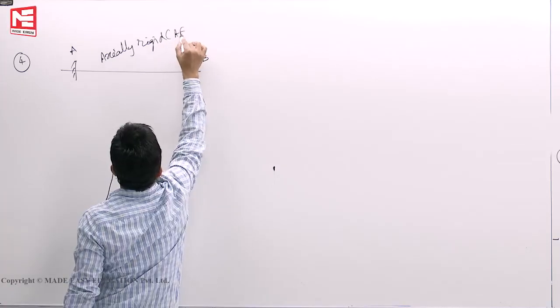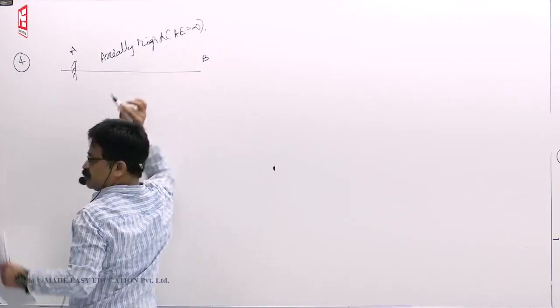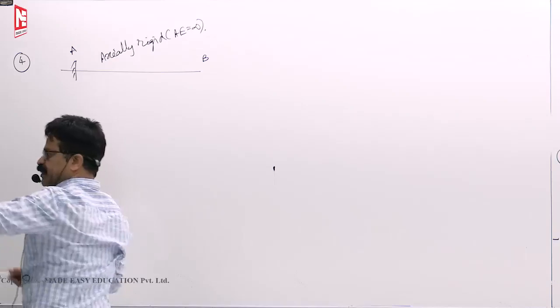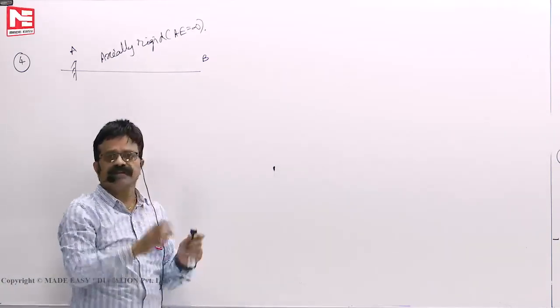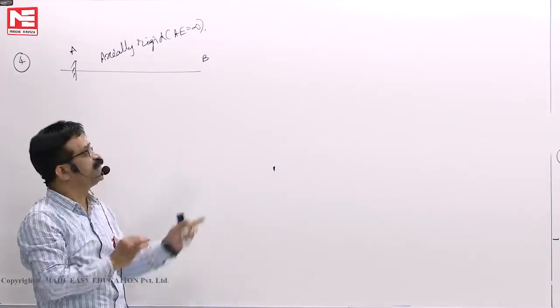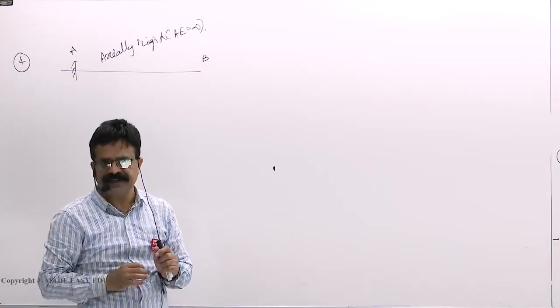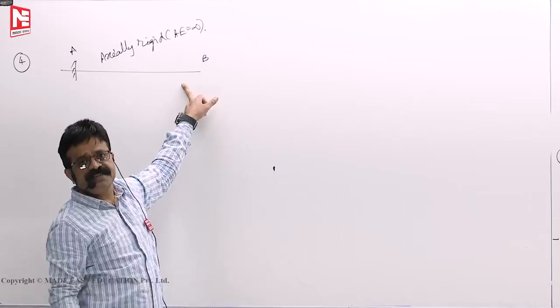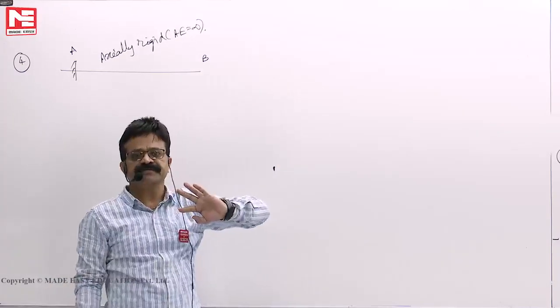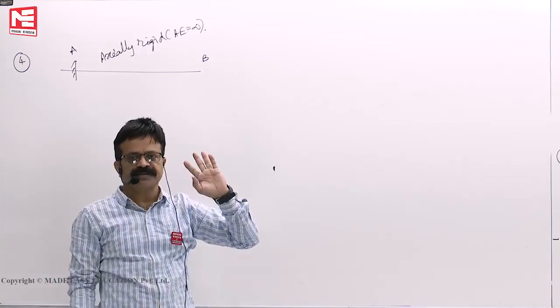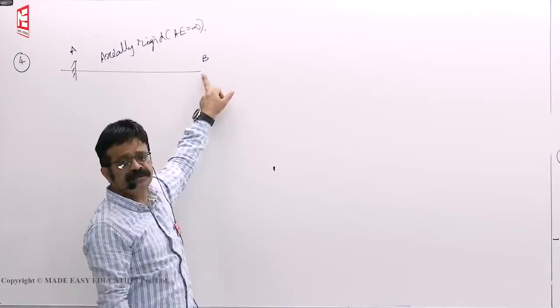Axially rigid means what? AE is equal to infinity. If you take a cantilever beam or any member as axially rigid, it means you are taking the axial AE value as infinity. If it is axially rigid, can elongation happen? Whatever may be the force, zero elongation, that means zero displacement.